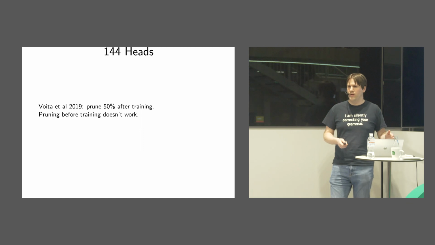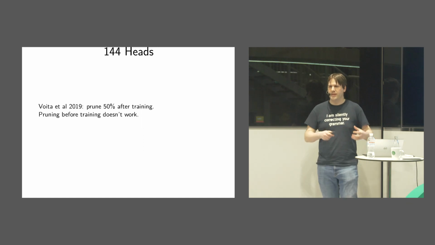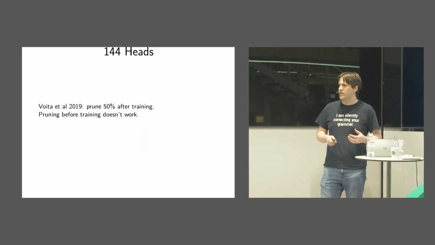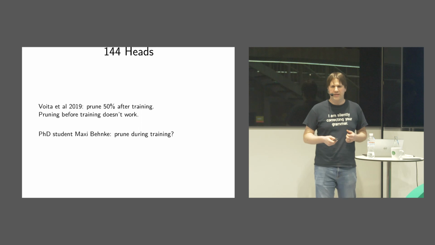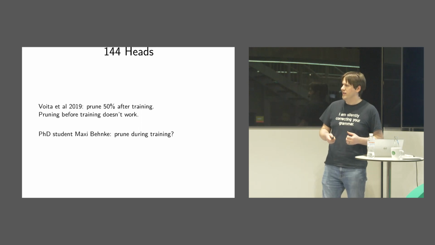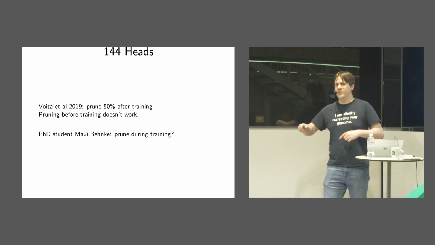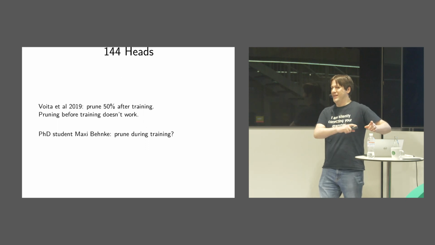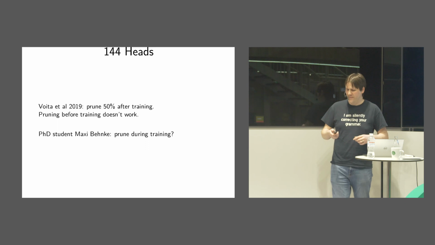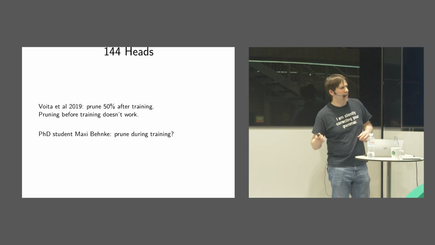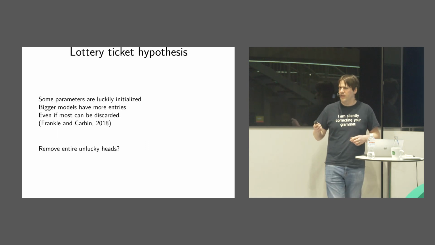You get lower quality if you reinitialize the same network structure and then try and train it. So my PhD student, Maxi, had a different idea at cheating this. What if we pruned during training? It's not quite at the beginning and it's not quite at the end. And we've been working on investigating that idea along with the lottery ticket hypothesis.